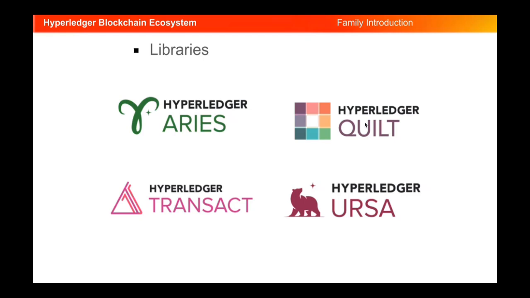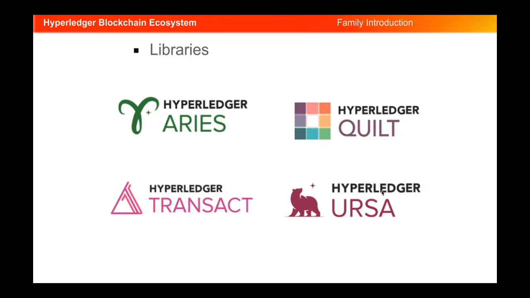Quilt is a Java implementation of the Interledger Protocol, enabling payments across any payment network. Hyperledger Transact. This aims to reduce the development effort in writing distributed ledger software by providing a standard interface for executing smart contracts.